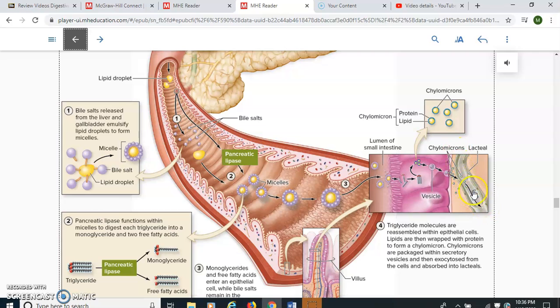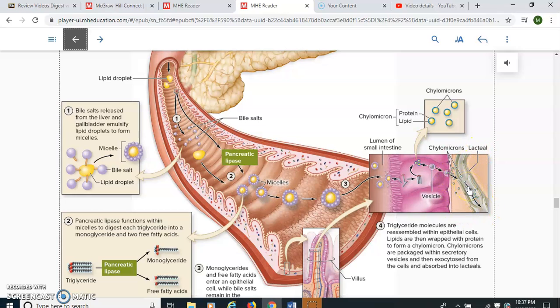Now they're not going to enter the blood capillary. They don't like water, and the openings of the blood capillaries are a little too small for them. But the little openings in the lymphatic capillaries, which they call a lacteal if it's in the small intestine, but it's a lymphatic capillary, they're able to get into.